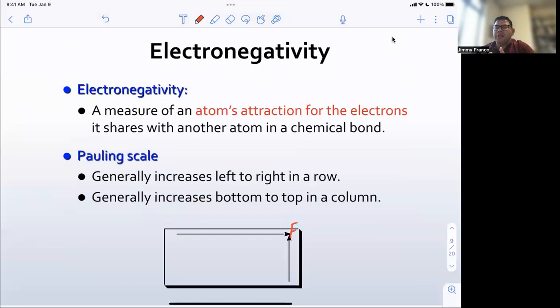It uses the Pauling scale. Essentially, it makes fluorine equal to 4. And then the smaller the number gets, the less electronegative. All right, so we think the least electronegative atoms are down here at the bottom left. The most electronegative atoms are up here on the right. All right, so the top right.